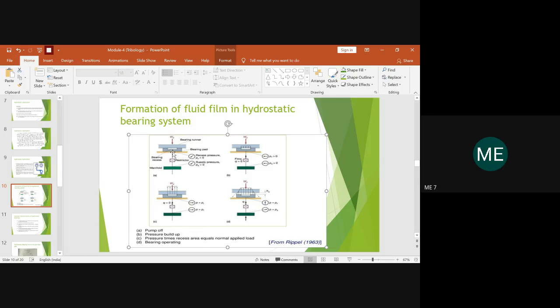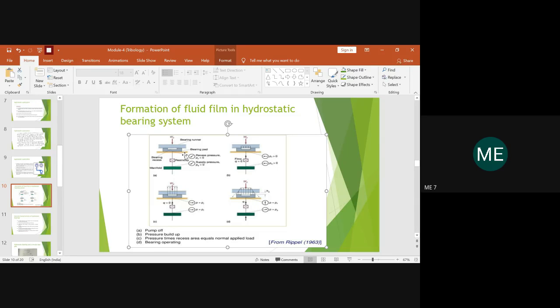You will have a pressure indicator connected here, which shows what the pressure across the recess is. Similarly, here you will have the supply pressure, measured by one more indicator. Usually the supply pressure is represented by P suffix S, and the recess pressure is mentioned by P suffix R. I'll tell you in depth how the process takes place.